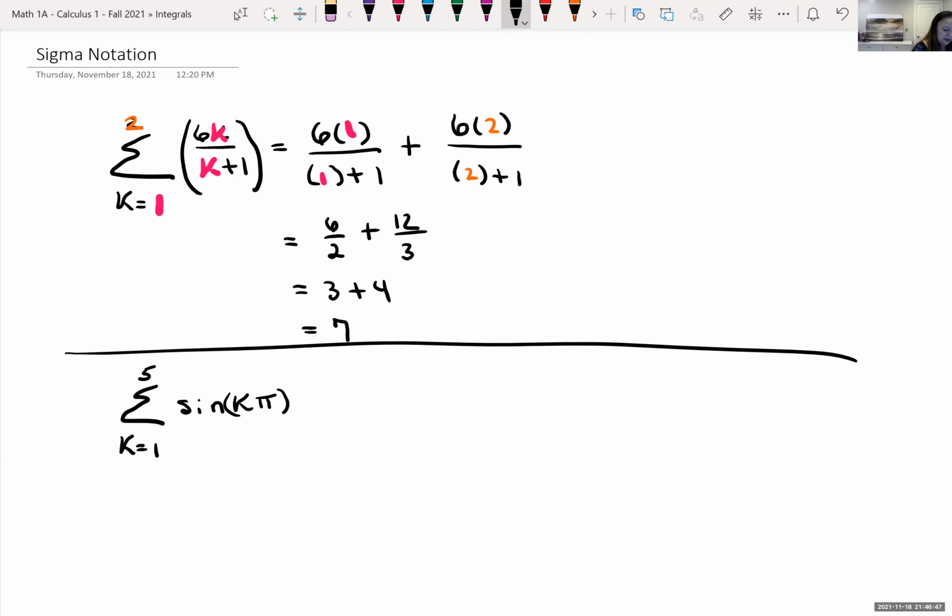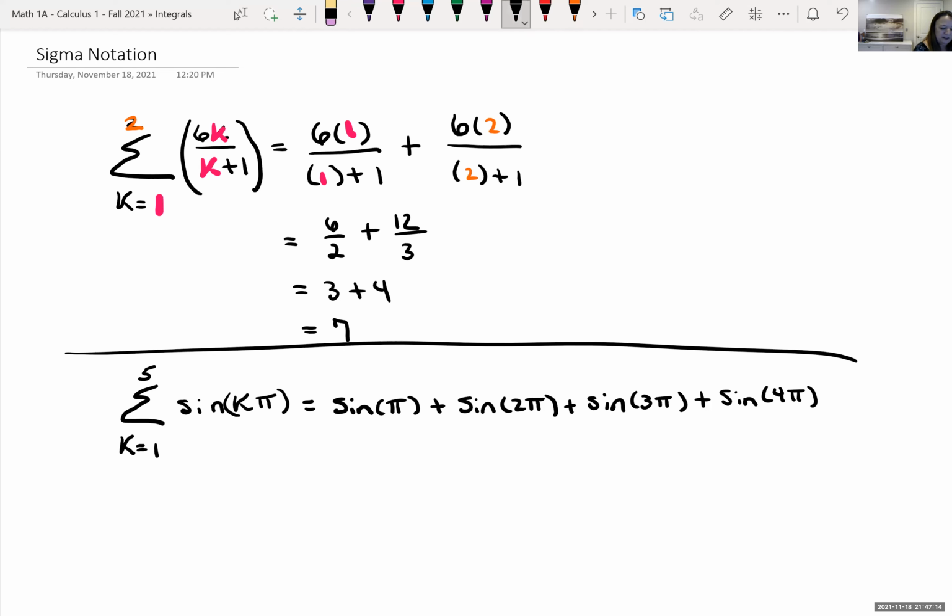And so we got to plug those in. So we got sine of pi times 1 is pi, plus sine of 2 pi, plus sine of 3 pi, plus sine of 4 pi, plus sine of 5 pi.